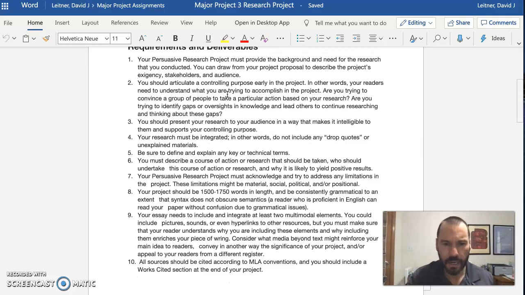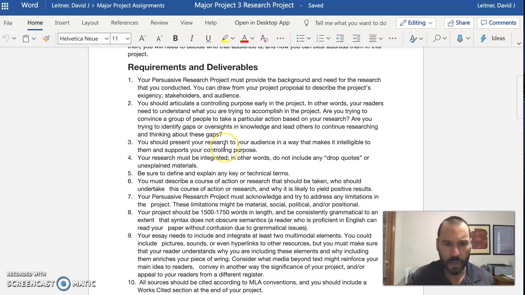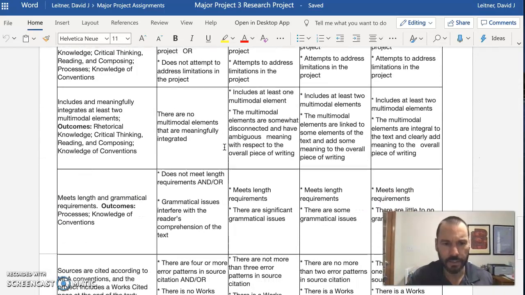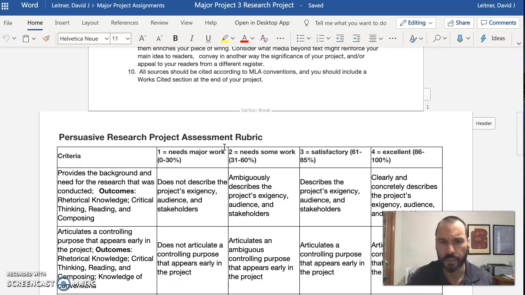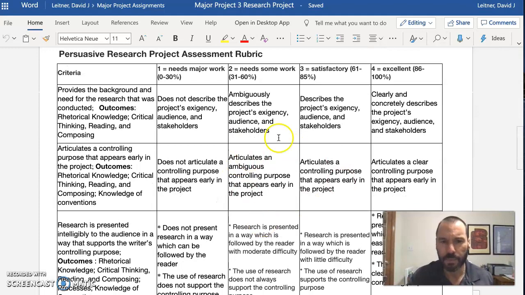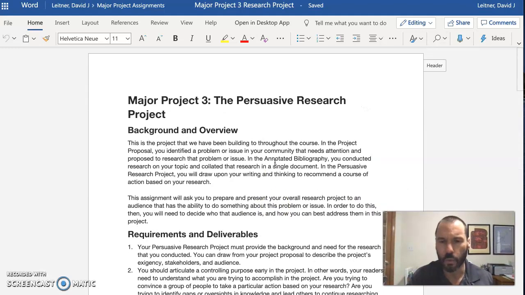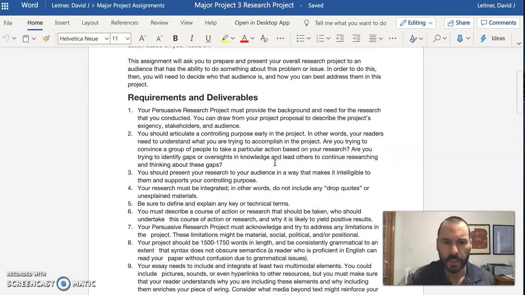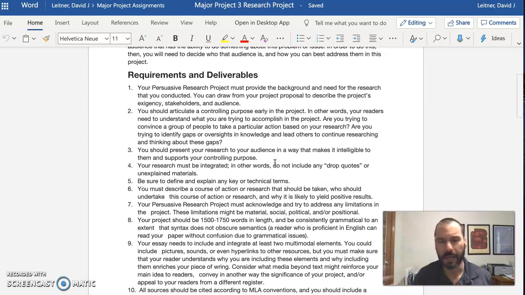There are about 10 requirements here, and theoretically there are 10 rows in the rubric. So don't forget, each one of these requirements is explained in a little more detail in the rubric. This is one of those sheets that I really think it's good if people have it printed out next to them while they're writing.